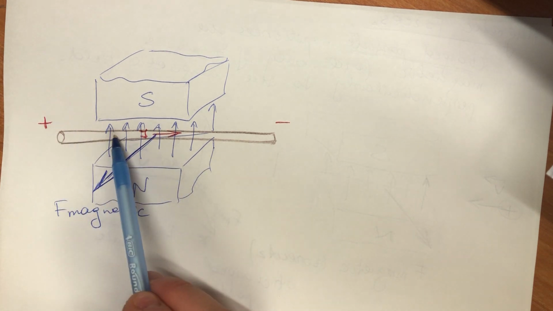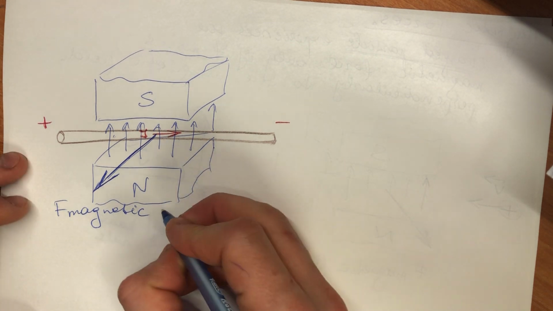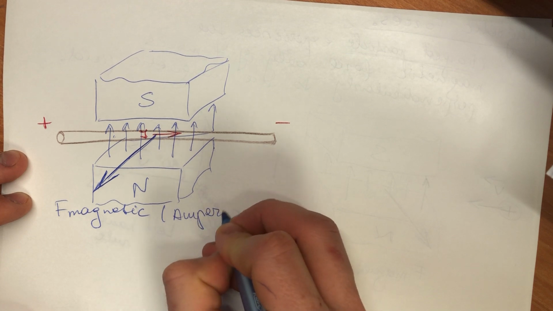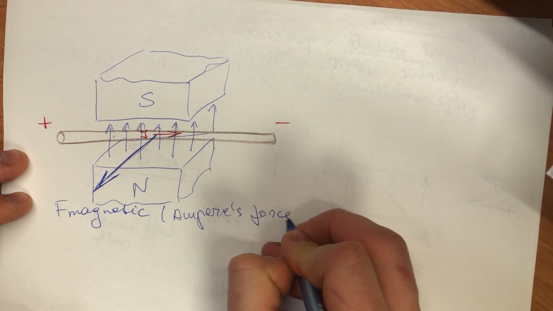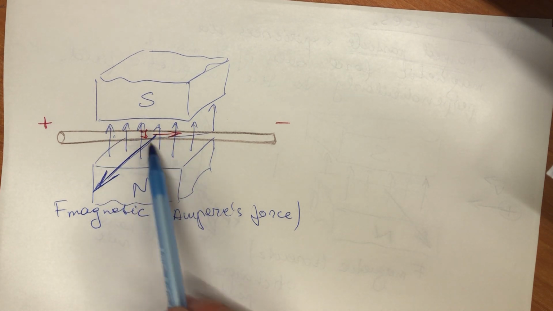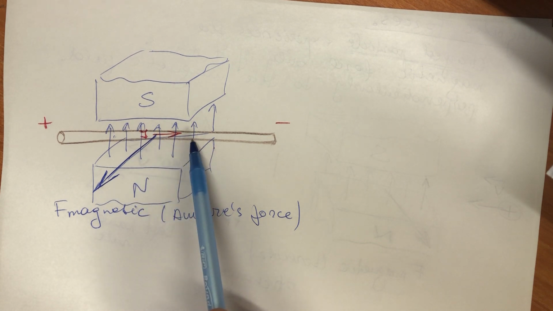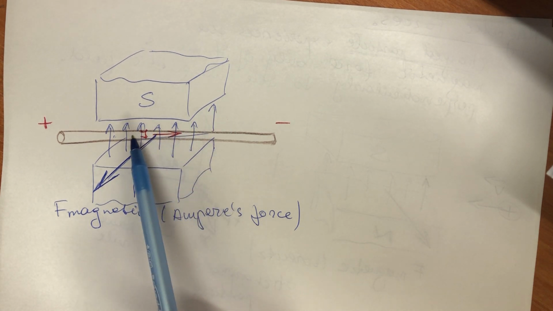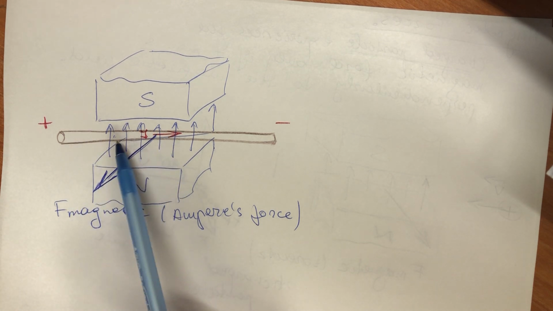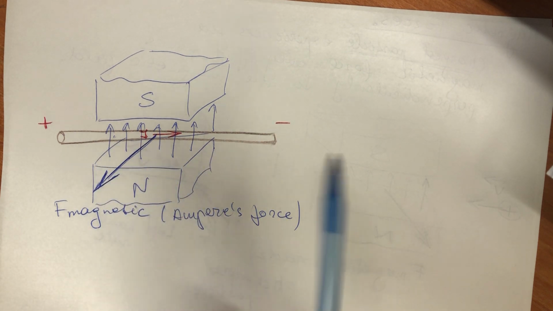We all know that it's acting on the moving charged particles in the wire, but when we speak about wires, we call this magnetic force Ampere's force, because Ampere was the first who quantified this interaction between wire and magnetic field, and Lorentz was the one who quantified the properties of moving particles in a magnetic field.